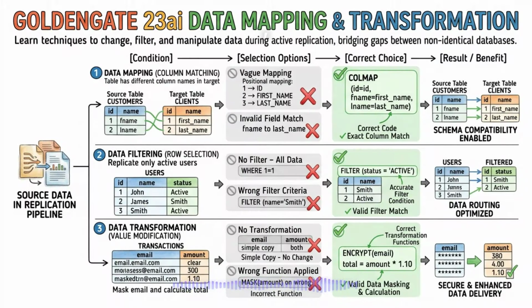For example, your target analytical system might only need data for active customers, while ignoring inactive or deleted accounts. This process of selecting specific rows based on business rules is called filtering, and it is a core competency you must master. Understanding why and when to filter data is critical for designing efficient replication pipelines that only move valuable information.